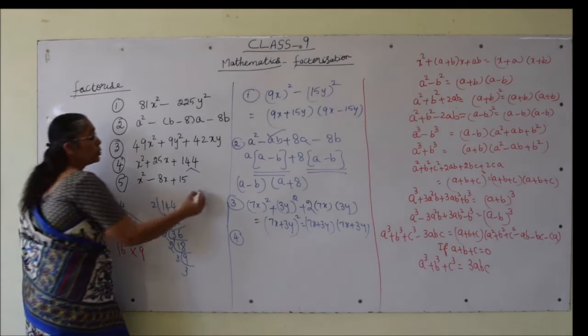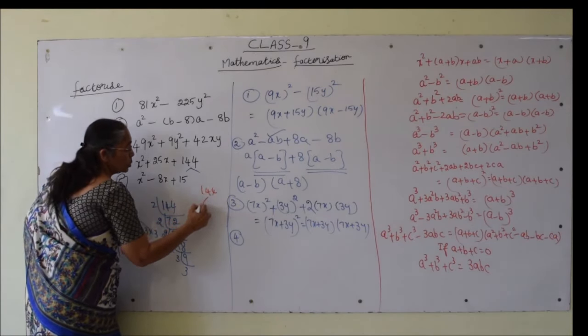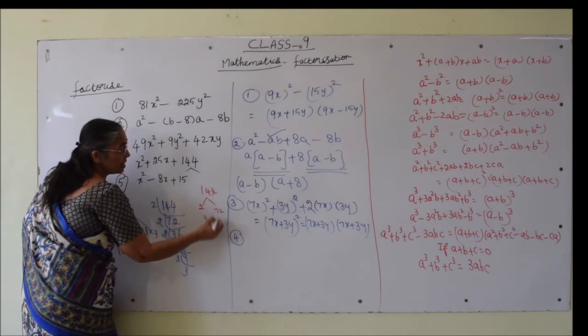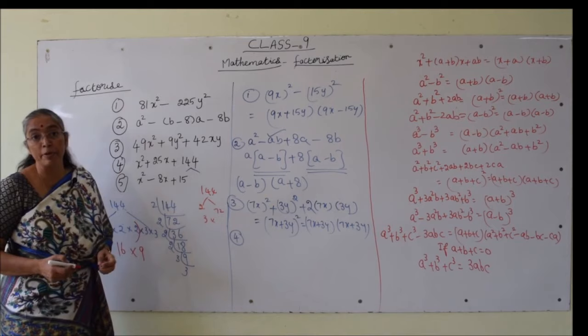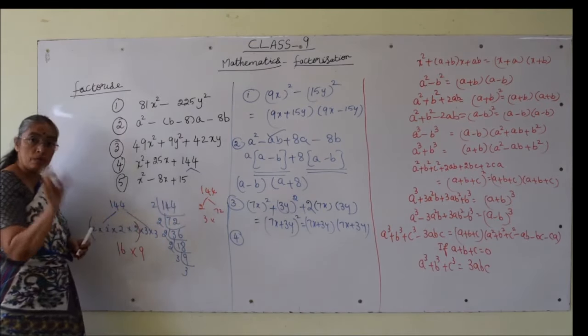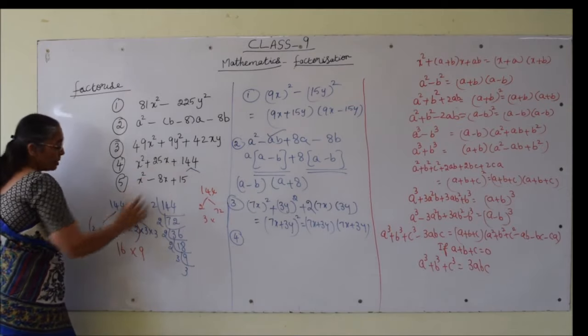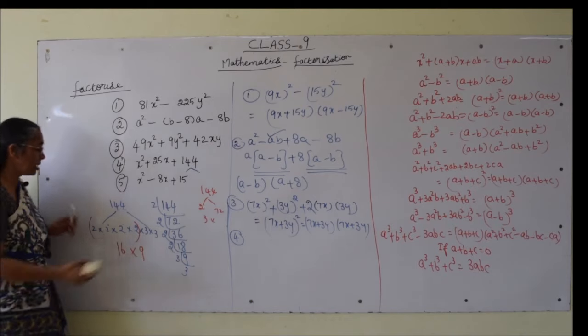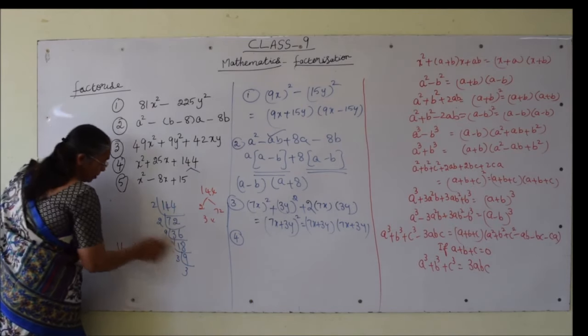You got used to finding the factors like 2 into 72 first, 3 into, going through the 3 table. You have done this before, but it is easy only when you have small numbers. When the numbers become big, you should try to do it like this. So now the factors are 16 and 9.